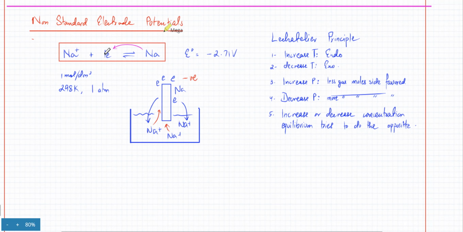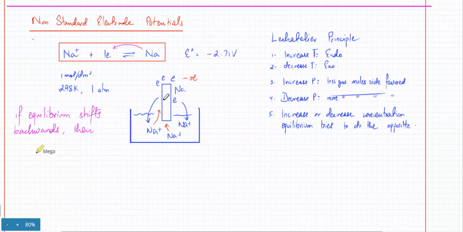If equilibrium shifts backwards for any changes that you introduce, then more electrons are going to be produced. For example, you decrease the sodium ion concentration, equilibrium would try to make more sodium ions by shifting the reaction in the backward direction.